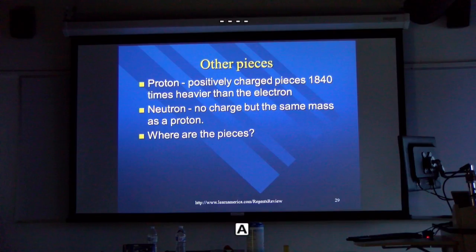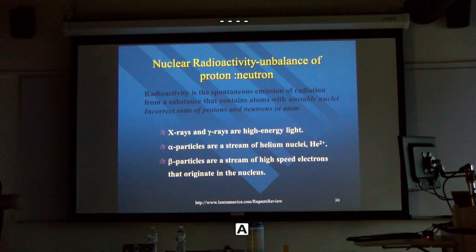There were things called alpha particles that could come out of an atom. And there were things called beta particles, which were basically high-speed electrons that could come out of an atom. These came out of certain types of atoms, which we now call radioactive atoms, because they have the improper proton-neutron ratio inside them.